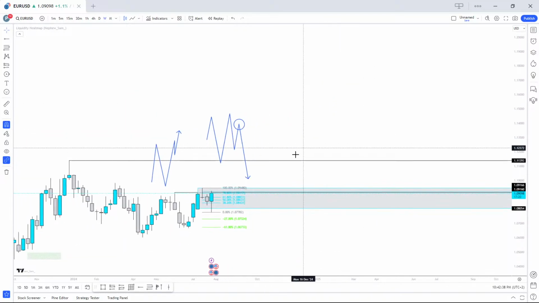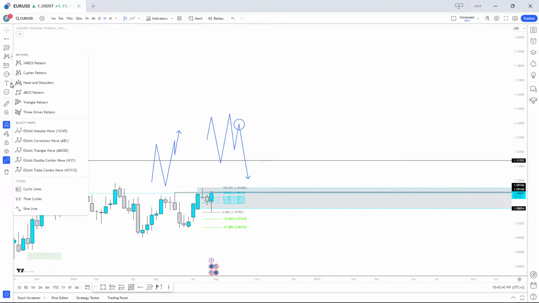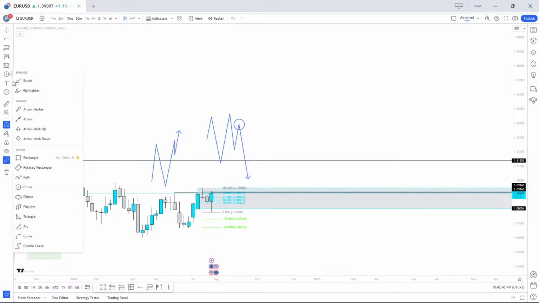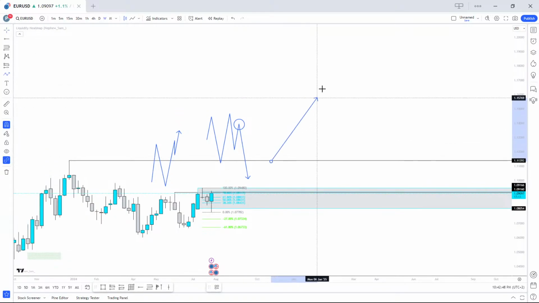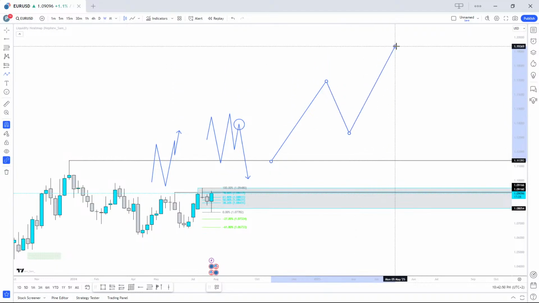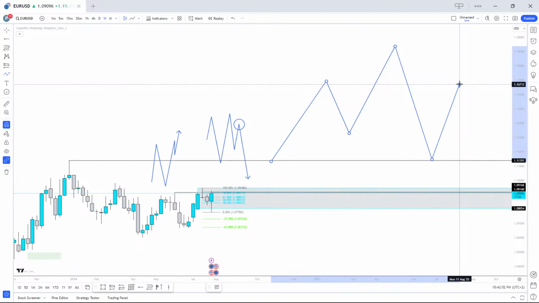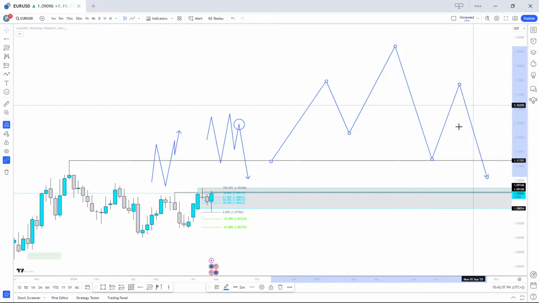Okay, so it all matters what the reaction here is. This is all that matters for now. And this is if it happens in an uptrend.